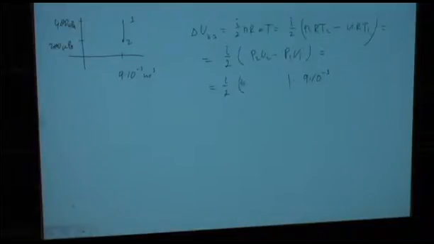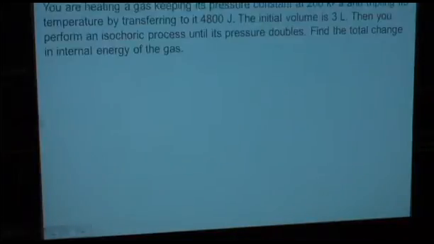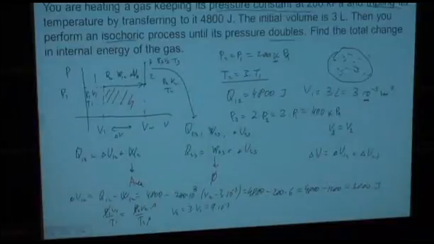And here it should be 400 minus 200 kilopascals. All right. So we're going to use this number. 3,600 joules is the change in the internal energy.